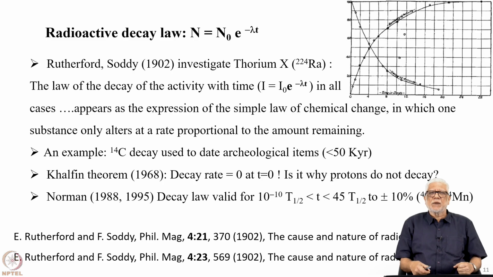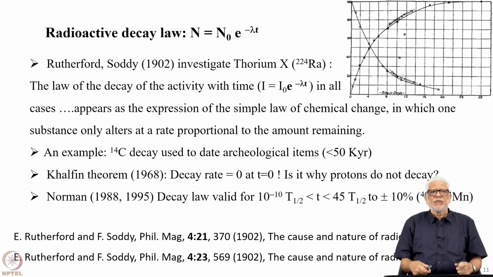So the number that remain is given by N, starts off with N0, and then it goes down exponentially as e to the minus lambda t, where lambda is the disintegration constant, and the inverse of that is called the lifetime of whatever entity you are talking about. The half-life is related to that in that the lifetime is about, let me see, 0.69 times the t half, or the other way around, sorry.